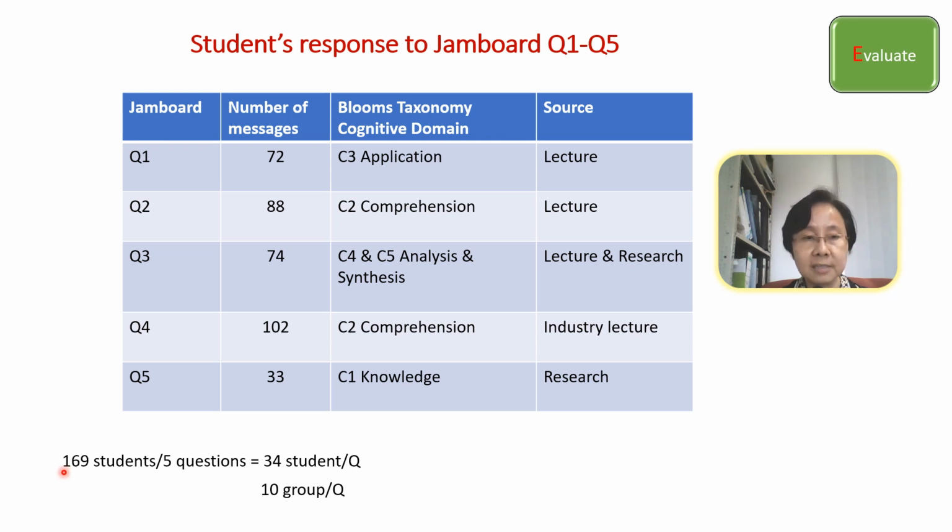There were 169 students divided by 5 questions, so per question there are 34 students. And the number of messages on each Jamboard is almost double or triple the number of students for each question. In conclusion, we managed to convince them to respond to the questions on Jamboard.